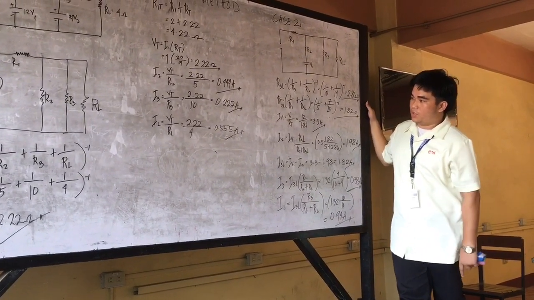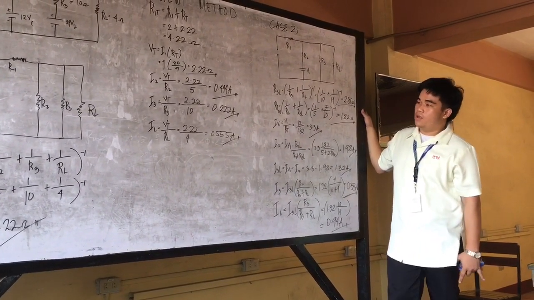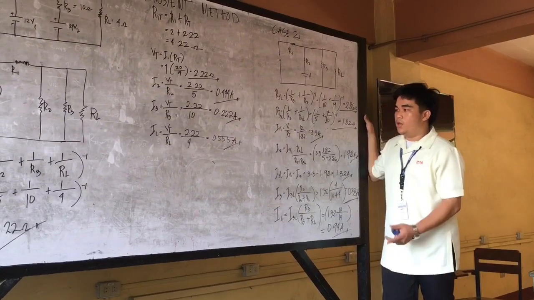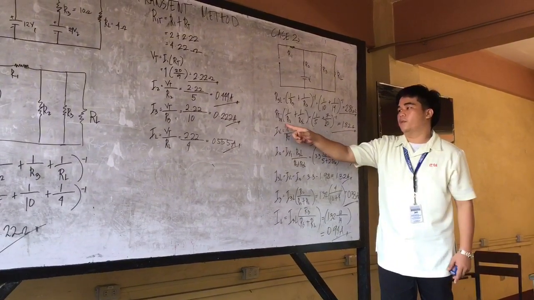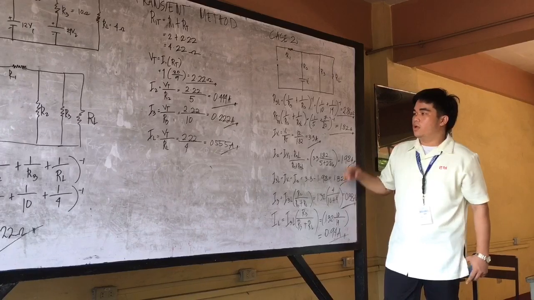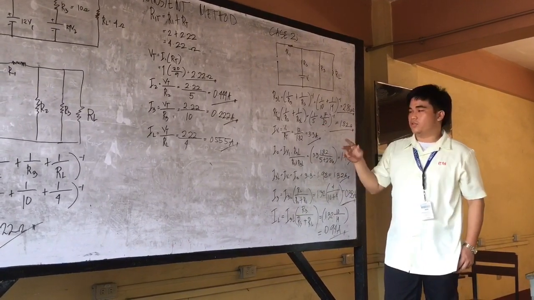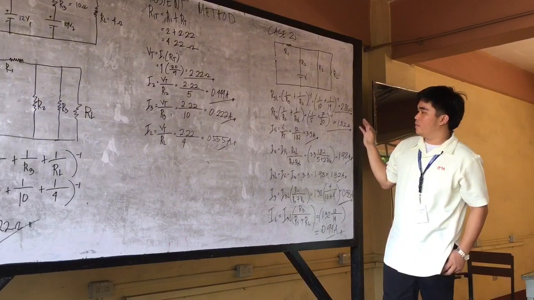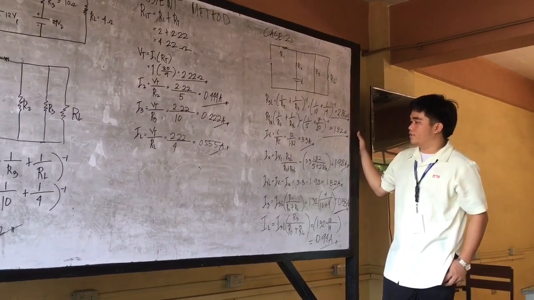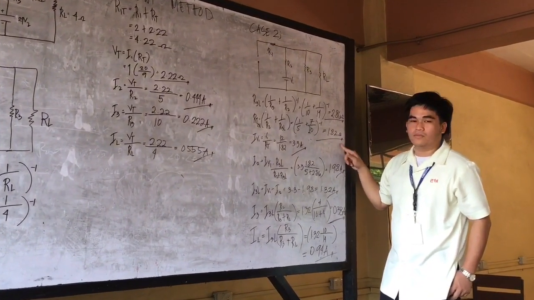So next, to solve the R total of R2 and R3 load, our formula is 1 over R2 plus 1 over R3 load. Then substituting the given, we have the answer 1.82 ohms.